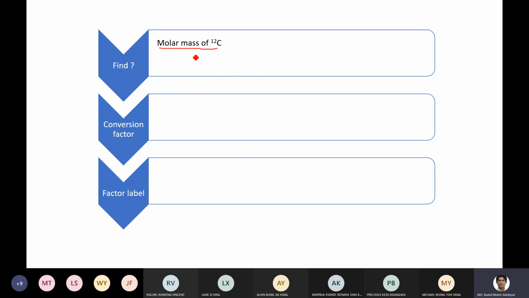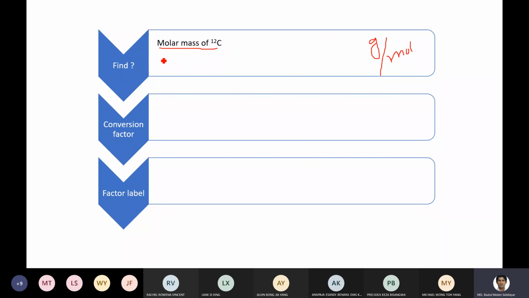So molar mass of carbon 12, we have to find it. And we know that it is gram per mole, right? Just now we said it's gram per mole. And it is specifically told to us that it is in gram. So we have to find it in gram per mole, not milligram, not kg.